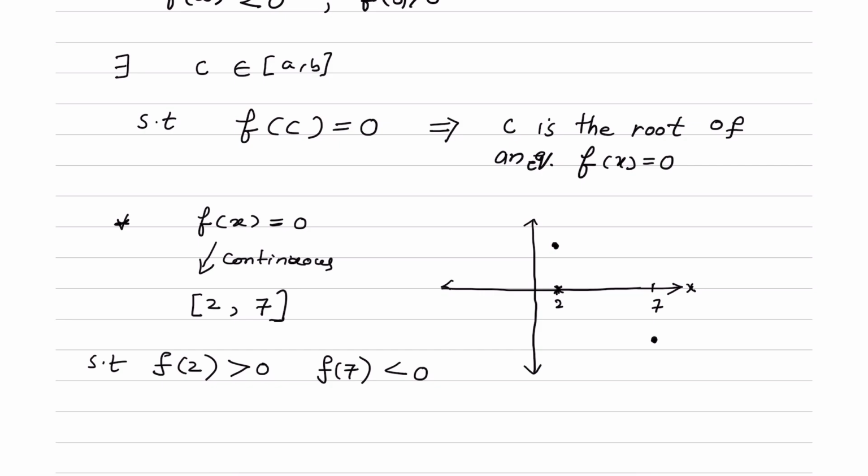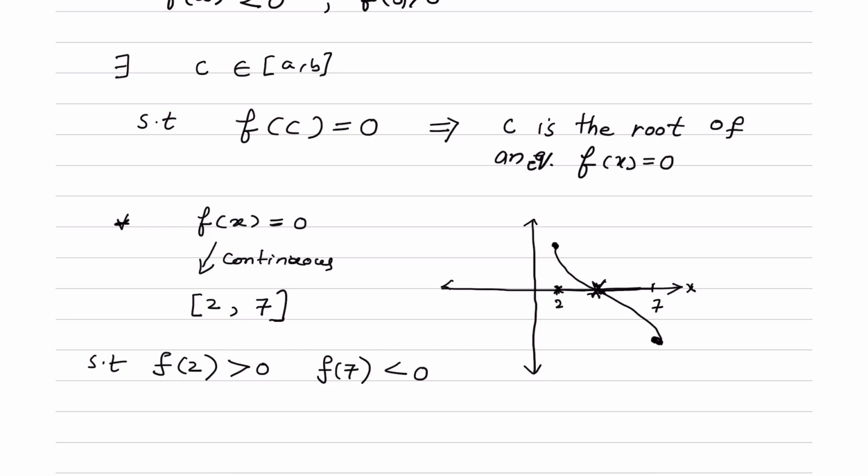And we also know that the graph of this function f of x is continuous on the interval 2 to 7. It means that there is no gap or break in the graph of the function on the interval 2 to 7. It means when we join this starting point with the end point, maybe through this shape, this curve cuts the x-axis at this point.